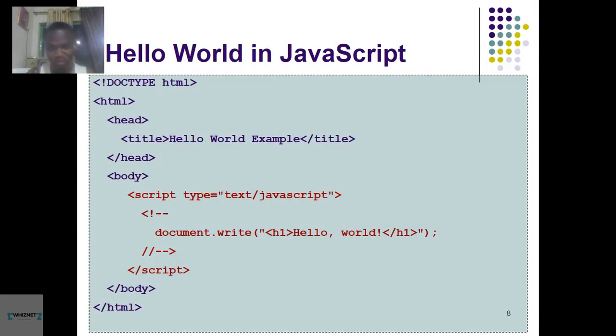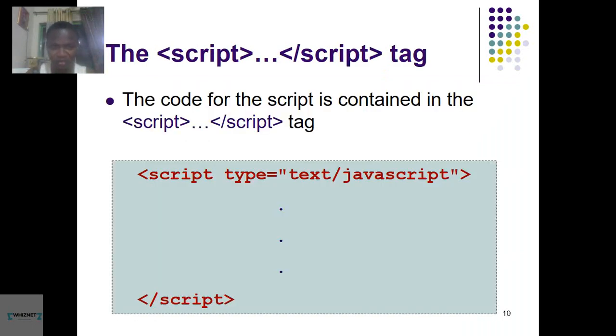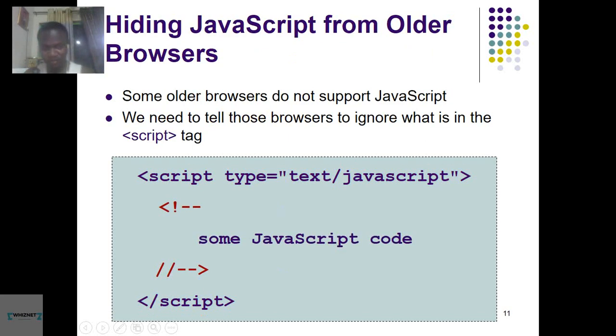So now, since we are through with writing hello world in our language, the next one is the script tag. The code for the script is contained in the script, meaning that our code is written inside the opening and closing tag of our script tag.